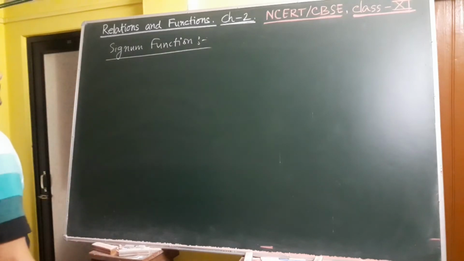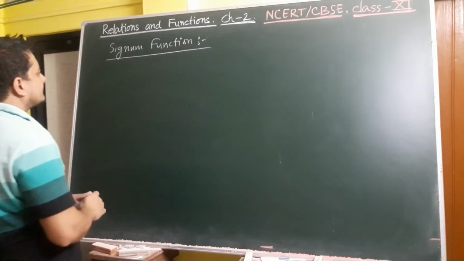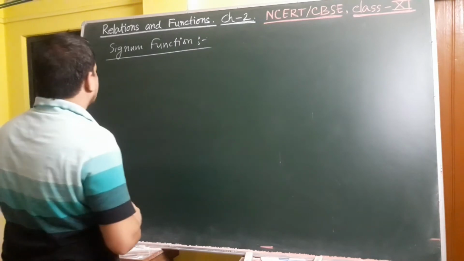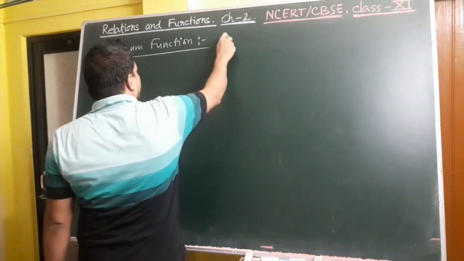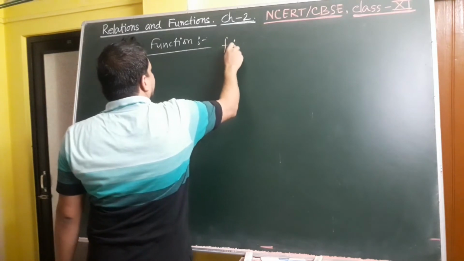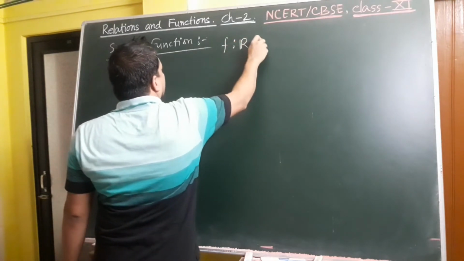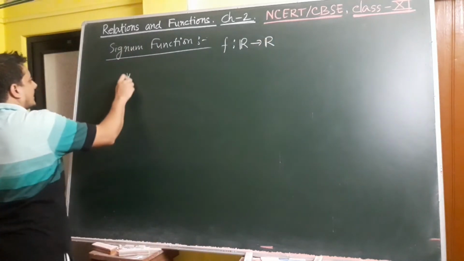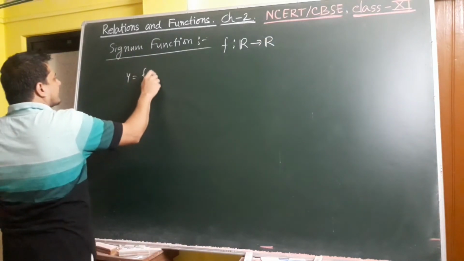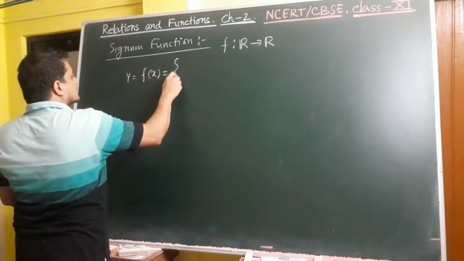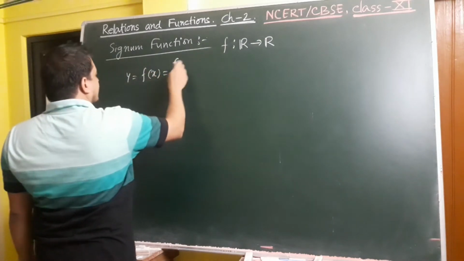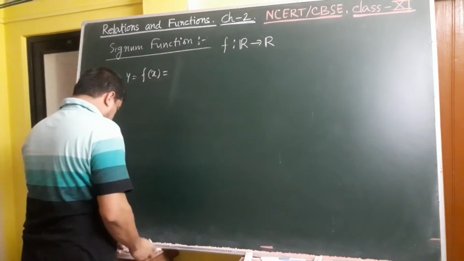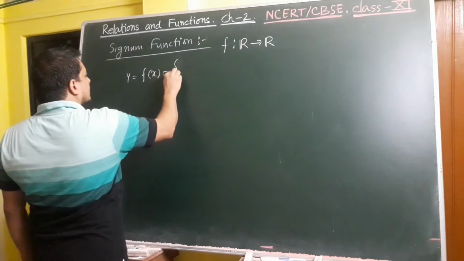How do you write this Signum function? Any function f from R to R, written in the form y is equal to f of x is equal to... There are 3 values that are possible.